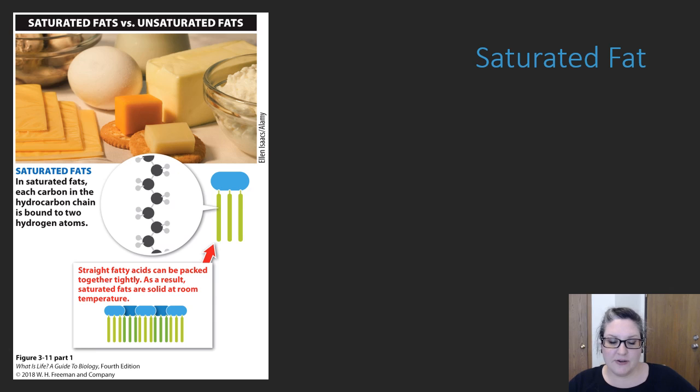There are 3 types of dietary fats I wanted to discuss with you. The first is called a saturated fat. Now, the reason why we say it's saturated is because it has, attached to these carbon molecules, the maximum number of hydrogens on each one. And so remember that carbon can make 4 bonds.